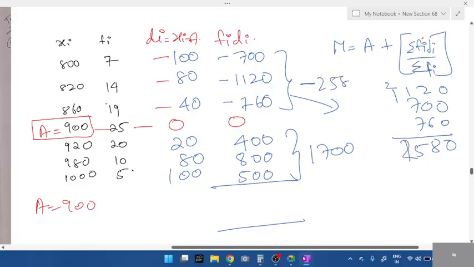Minus 2580. Now minus 2580, 1700. Minus into plus is minus, you have to subtract. 8, borrow from here. So you will get minus 880. See, even there you are making a mistake. Minus 2580 is greater. Minus 880 is the answer.